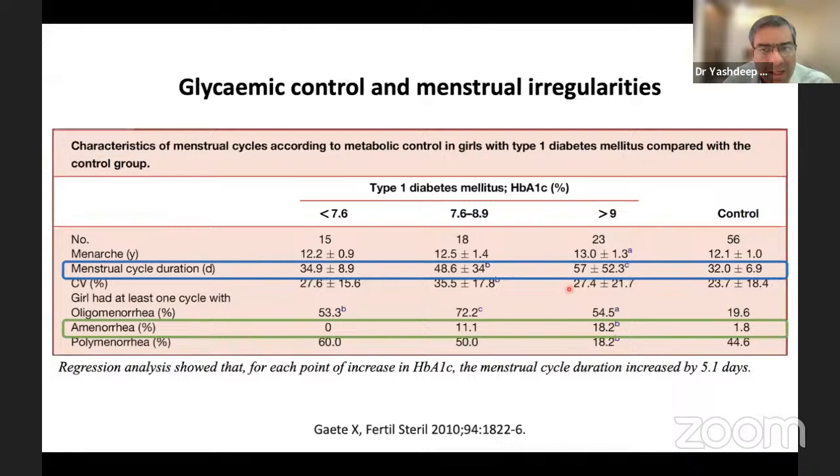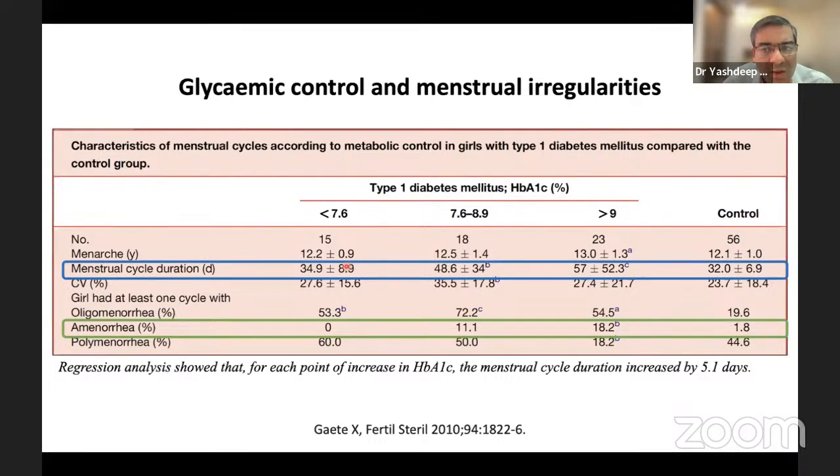This is another slide to give an idea of how we correlate the degree of glycemic control and the menstrual abnormalities. This is one good study which helps in understanding what sort of impact we can see with different degrees of hyperglycemia.